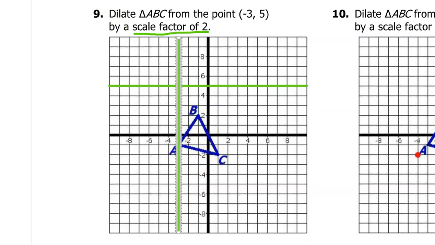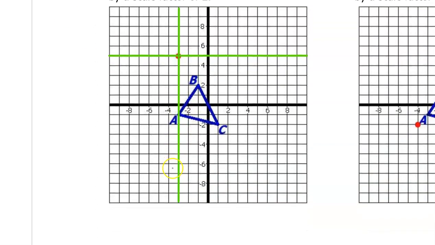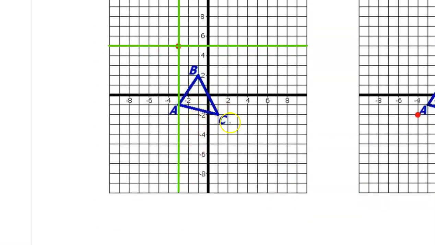And for the remainder of this problem, we're just going to keep pretending that this fake x and y axis is actually the real x and y axis. It's just that easy. So let's go ahead and name point A, B, and C, but we will absolutely ignore the original x and y axis.